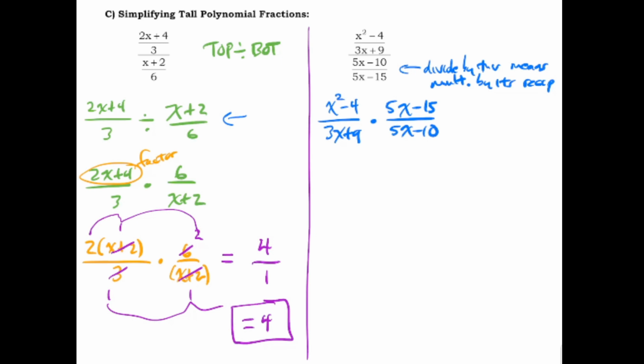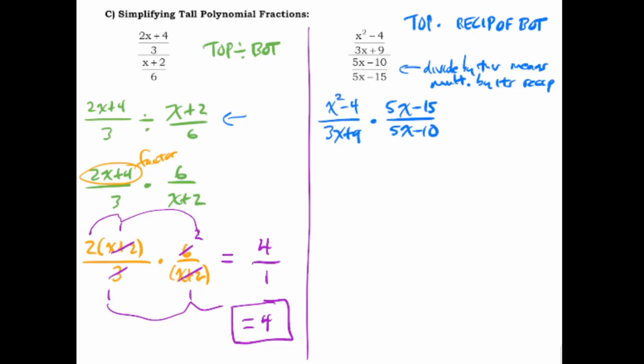It saves you about this much writing, which isn't bad. It saves you that much space. That's probably the important issue. So I guess my new rule is top times recip of bottom. That'll be an easy rule to remember. If you can remember it's top divided by bottom, then you can say, oh, divide by the bottom means multiply by the reciprocal. So it's just the same rule stated two different ways, really.